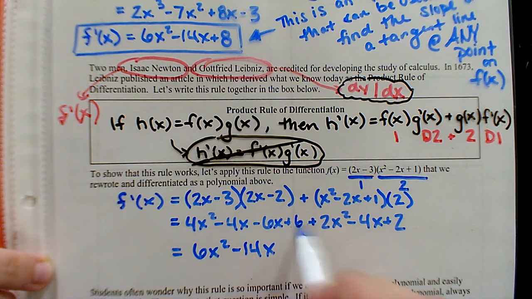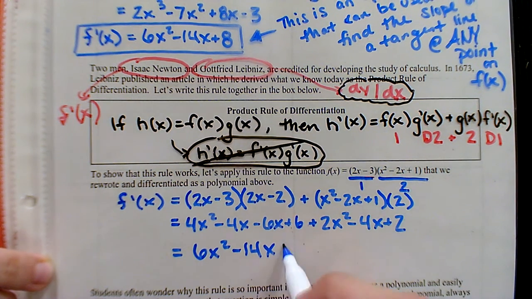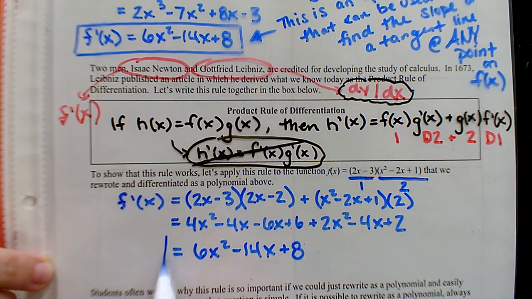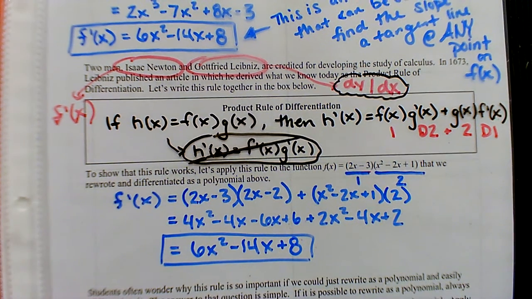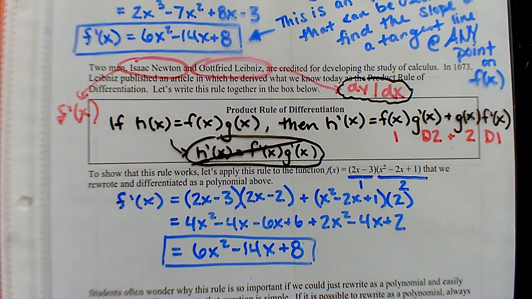It should be a plus 6, my bad. Do we get the same derivative?